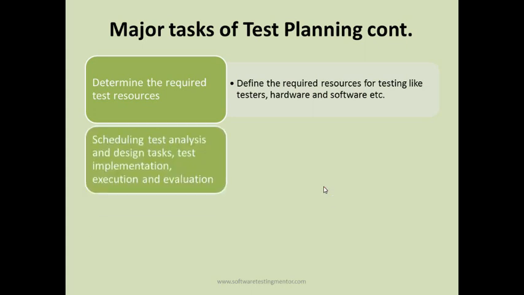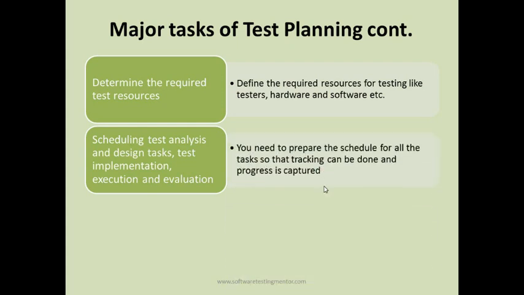Then schedule test analysis and design tasks, test implementation, execution and evaluation. So after determining the test resources, you need to schedule test analysis and design tasks. When will the test analysis and design begin? When will test implementation start? When will test execution and evaluation happen? You need to also schedule those tasks.